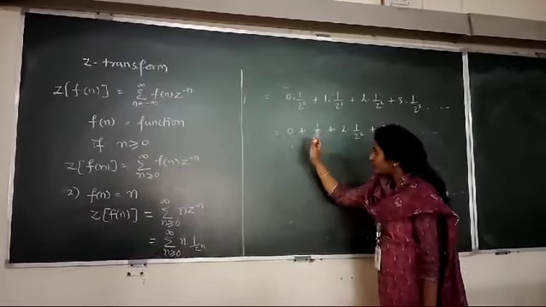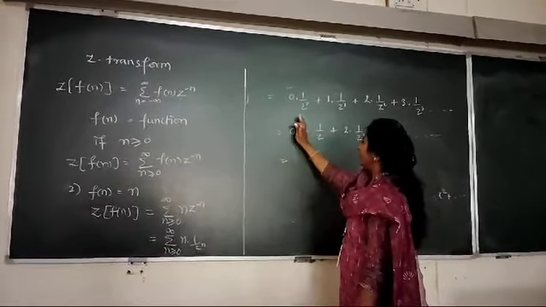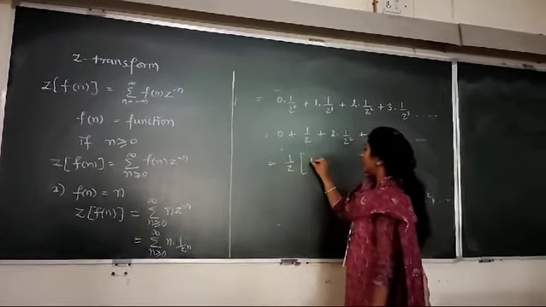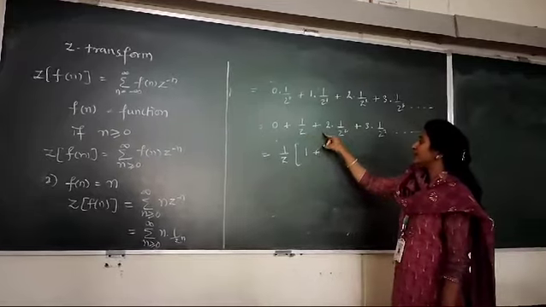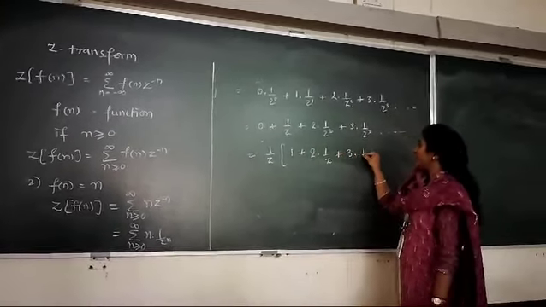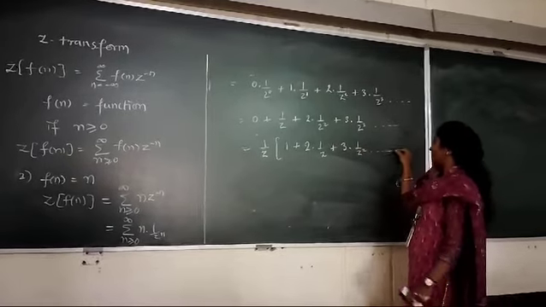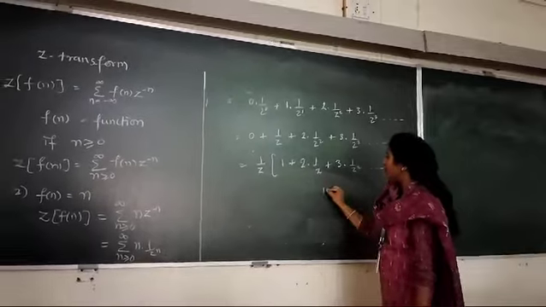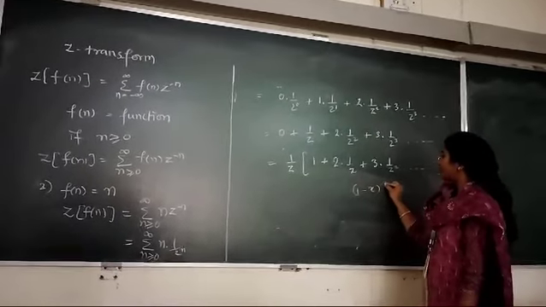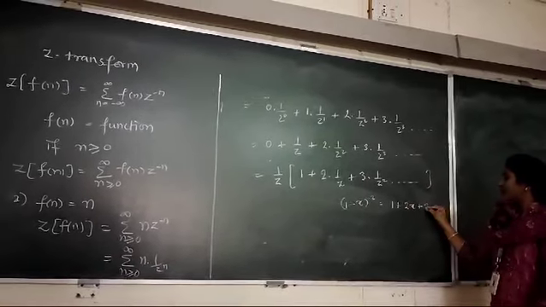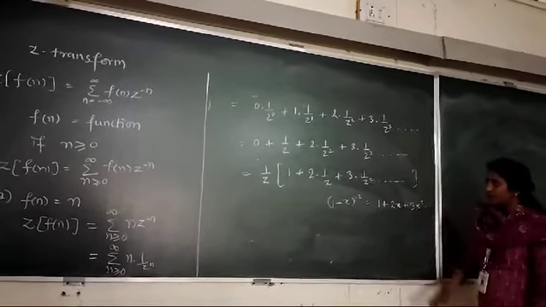Taking 1 upon z common, it is 1 upon z times (1 plus 2 times 1 upon z, plus 3 times 1 upon z square, and so on). When we see the binomial expansion formula, (1 minus x) raised to minus 2 is 1 plus 2x plus 3x square and so on.